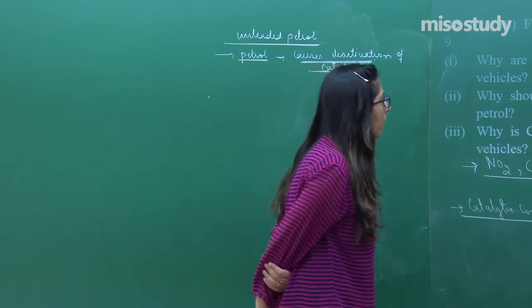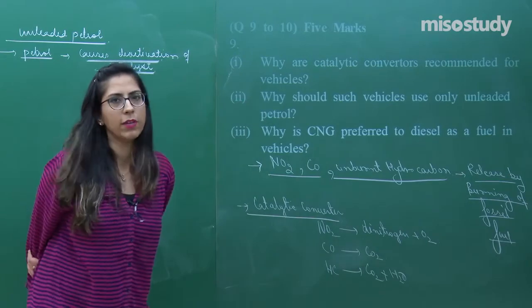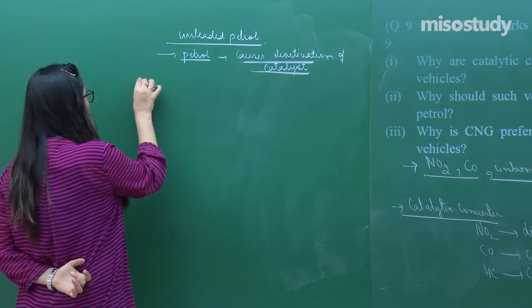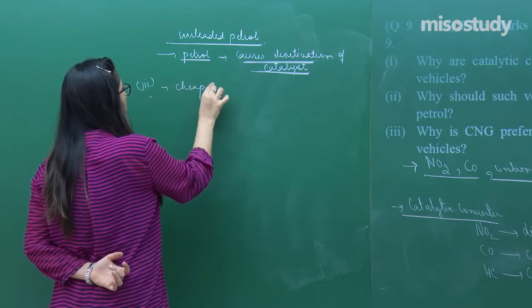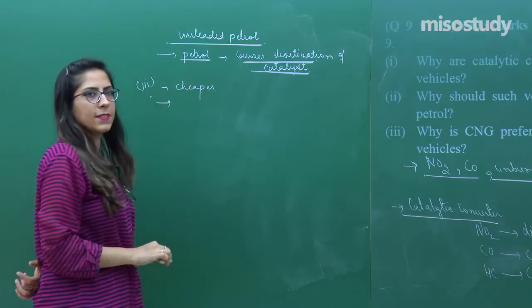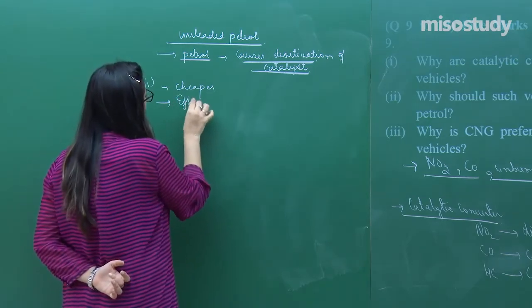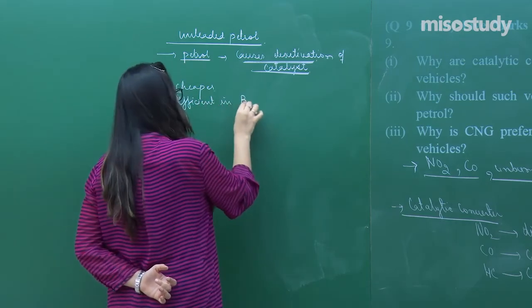Now, why is CNG preferred to diesel as a fuel in vehicles? There are so many reasons for that. One reason is that it is cheaper. The second reason is that it is efficient in burning.